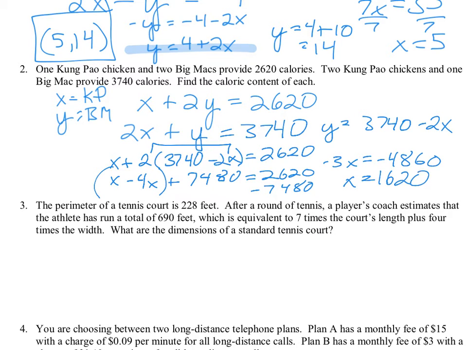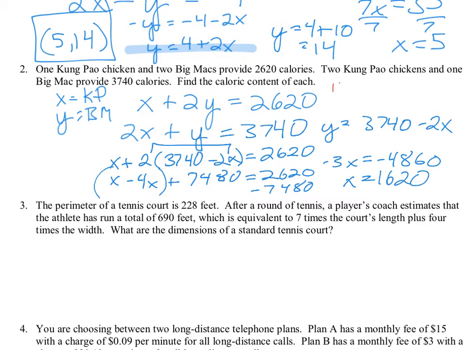So the Kung Pao chicken is 1,620 calories. Ouch. For the average woman, that's an entire day's calories right there. All right, for the Big Mac, I'm going to take that value up here and plug it in for x. I'm going to change colors so you see what I'm doing.